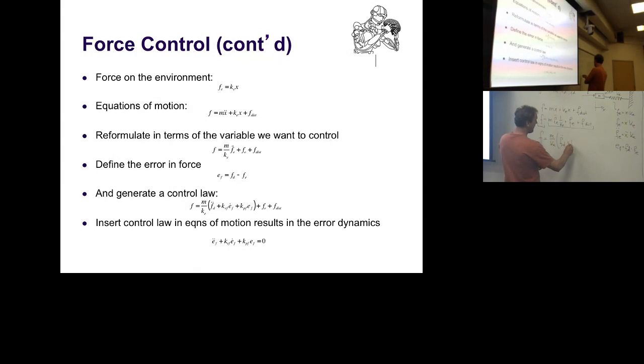Then I give a kind of velocity gain in force, so a kind of force derivative gain times E dot F, plus a force proportional gain, EF.